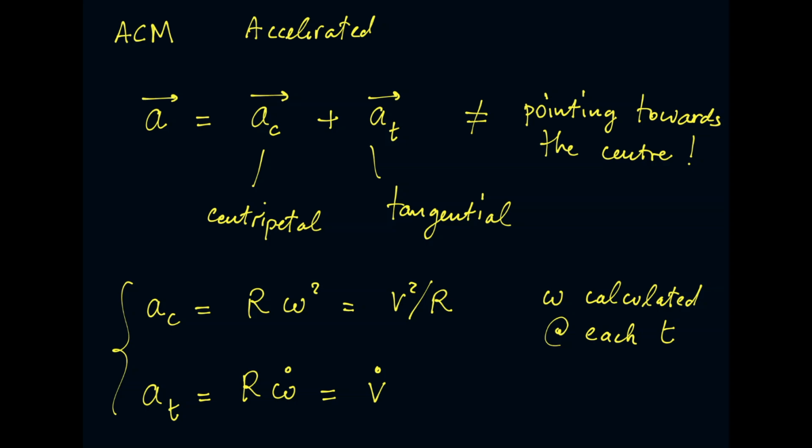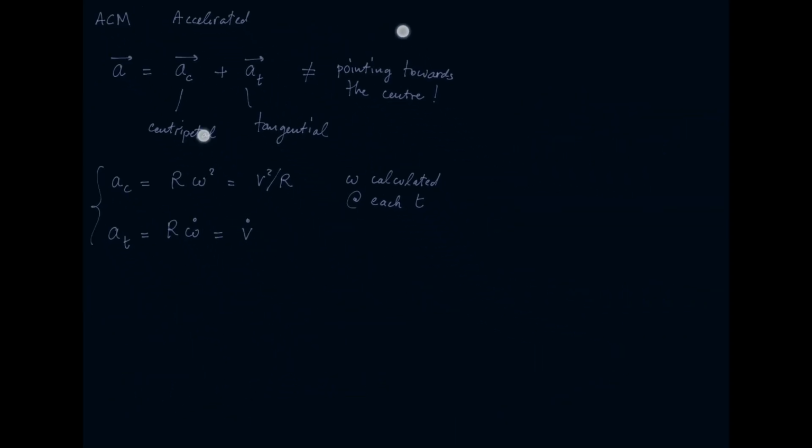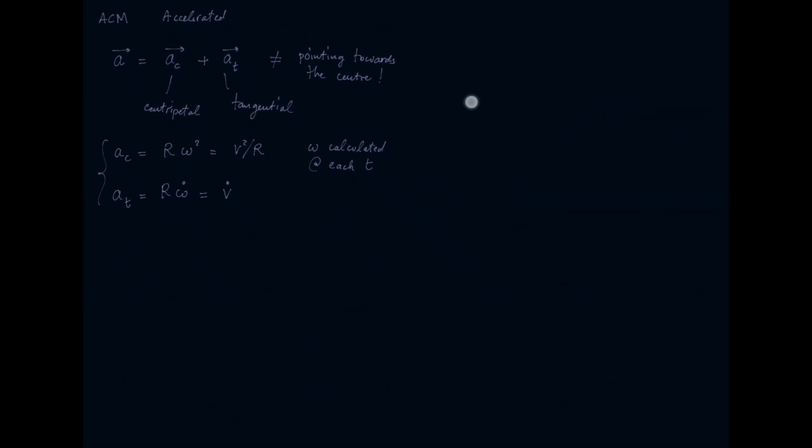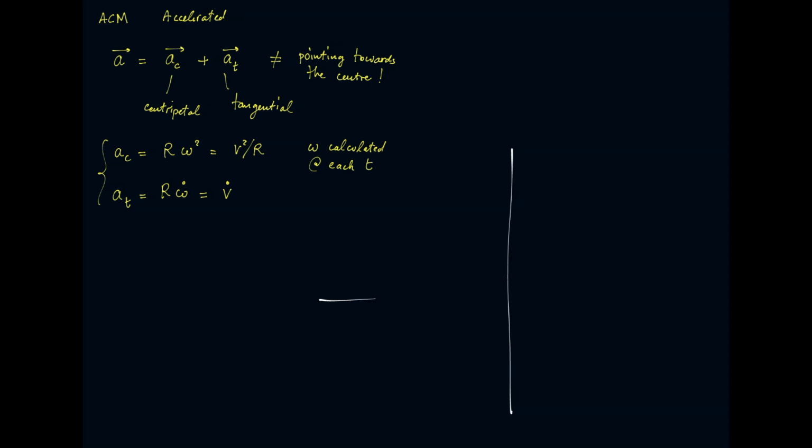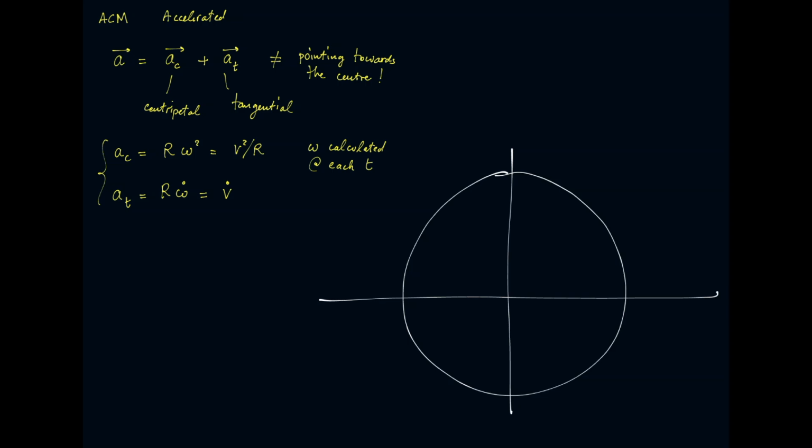Let's see if I can draw this and illustrate it quickly with an example. Imagine that I have my object, moving on this attempt of a circle. This is the velocity at the moment that I'm looking at, and this is your position vector.